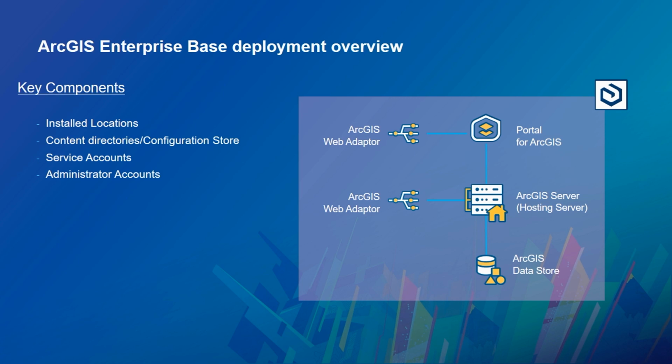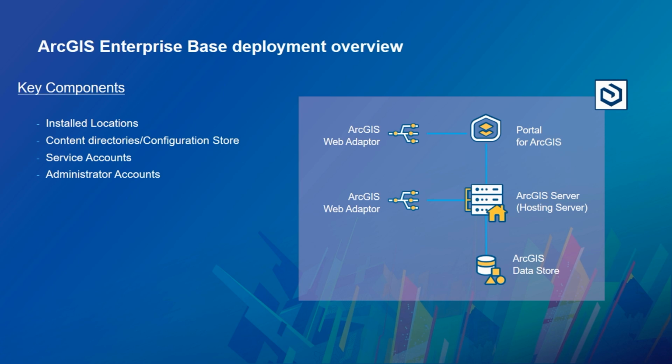The next component that's going to be important to be familiar with is the content directories and configuration store. This stores the data files and configuration files for Portal, Server, and Data Store. Next, there are 2 separate accounts that are used within a base enterprise deployment. The first is on the operating system level, and this is the service account.